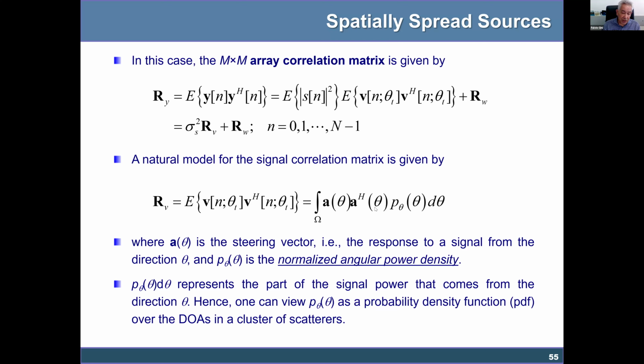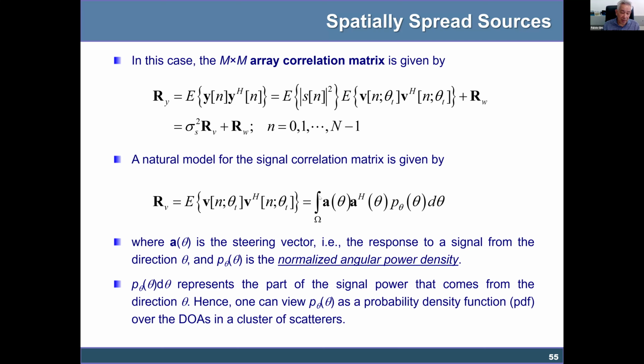Now, if the source of signal is distributed in angle, so if the generated power is not concentrated in a particular angle, but comes from, let's say, a sector, and we need to know how the generated power is distributed in angle, and then we can get the overall correlation matrix basically by averaging the rank 1 matrix over theta.